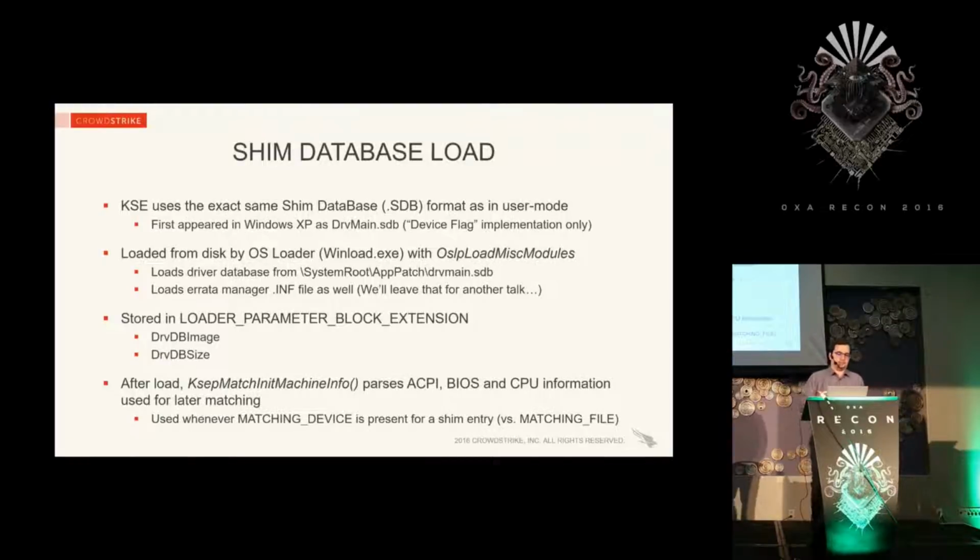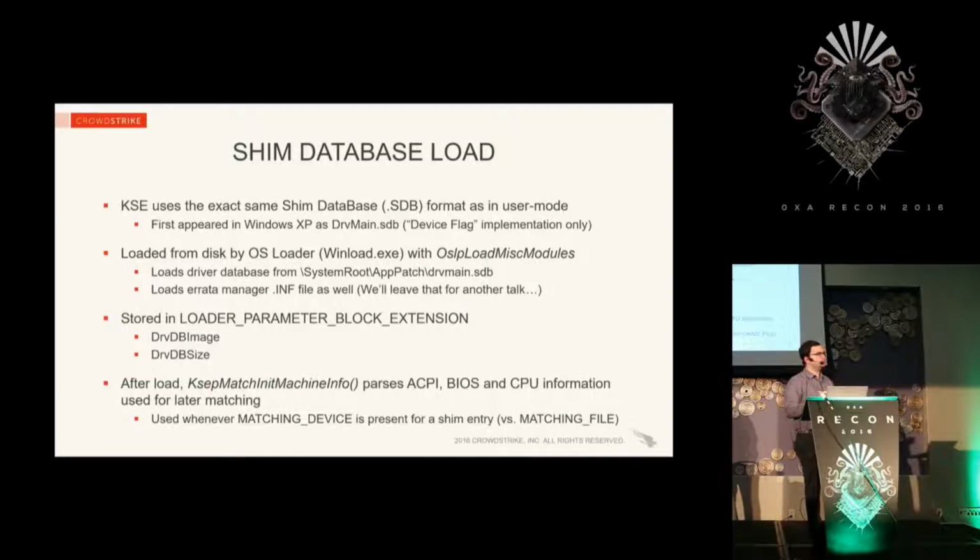It looks in System32 C Windows app patch drvmain.sdb, and it loads that, and then it also loads the errata manager INF file, but we're not going to talk about the errata manager here. It then stores in a loader parameter block extension, the base address of the shim database, and the size. So at this point, it's already loaded in memory, and all KSC has to do is now just parse it from memory and look up all of those data structures.